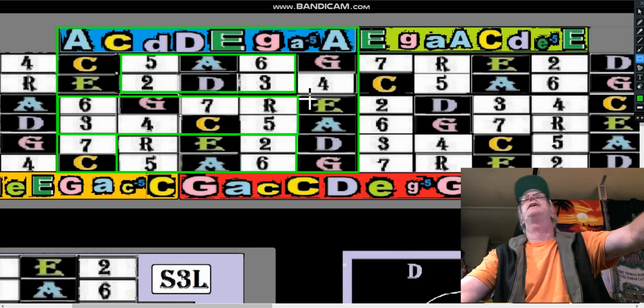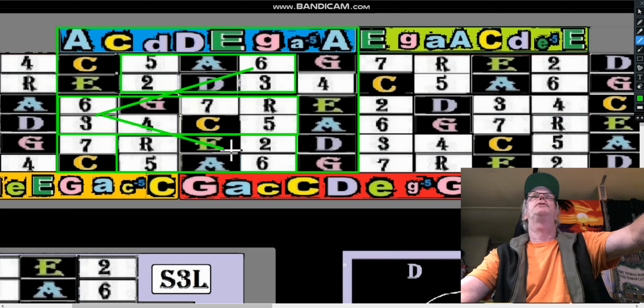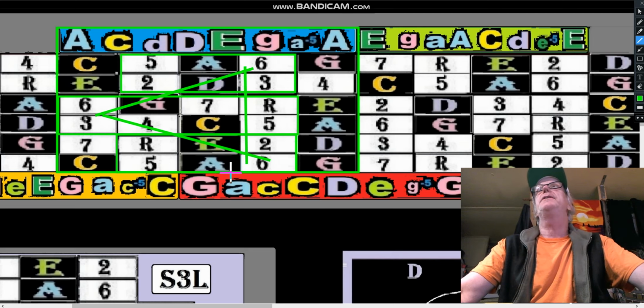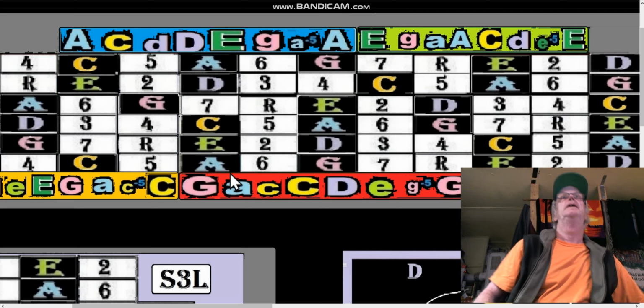So we have a nice A shape there. It almost looks like a sideways A there. Okay, it looks like an A. So that's why A is an easy shape to play.